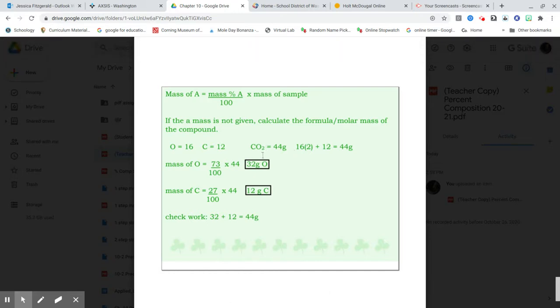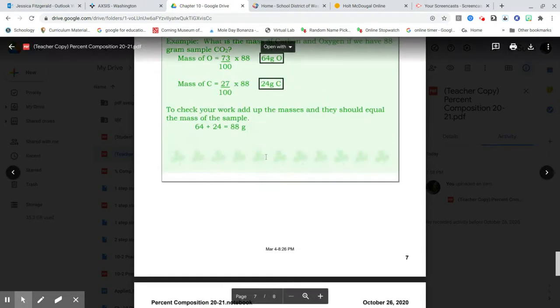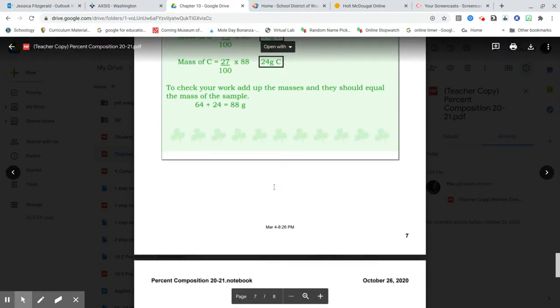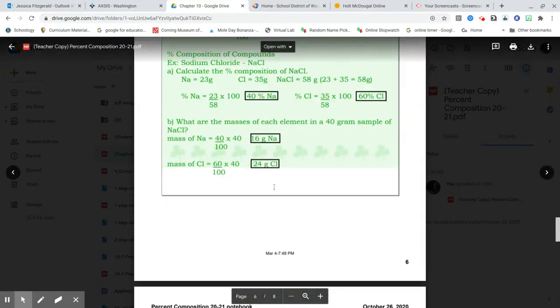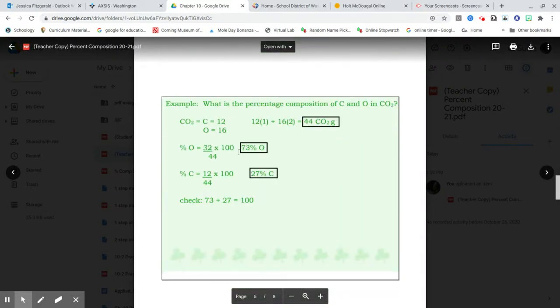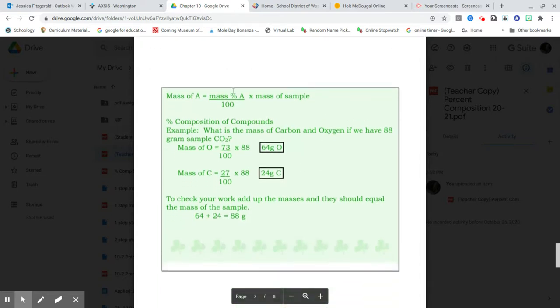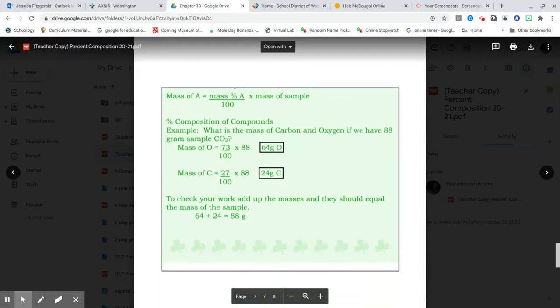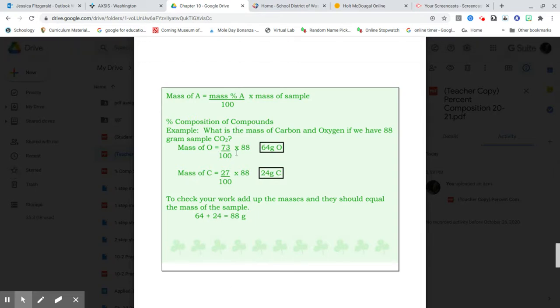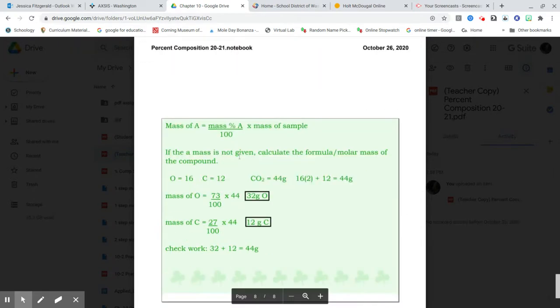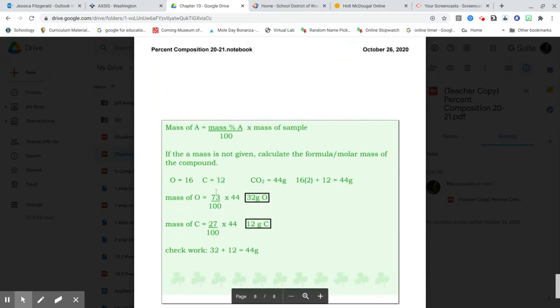So I'm going to use the same percents like I did from the previous problem. Again, we worked that out to find our percents on this slide right here. So I plug in my percent of oxygen, which is 73, divided by 100 times, oops, sorry, I'm on the wrong slide. So 73 divided by 100 times, this time we're going to use the molar mass.